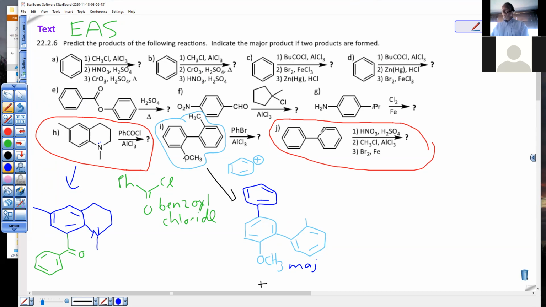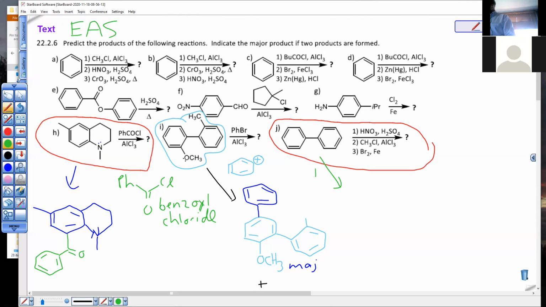It's going to be somewhat deactivating towards cations, although you can resonate with this benzylic position. So I'm just going to say ortho para director. It's a carbon group. Your major being right here and your minor being ortho right here. Similarly, you could have gone major here or minor here due to symmetry.